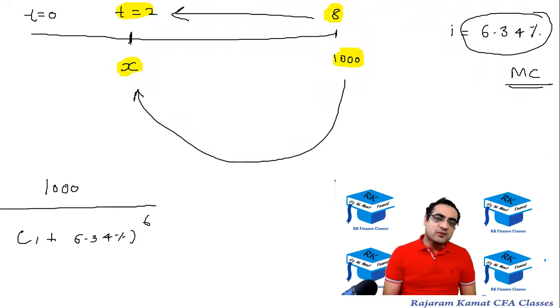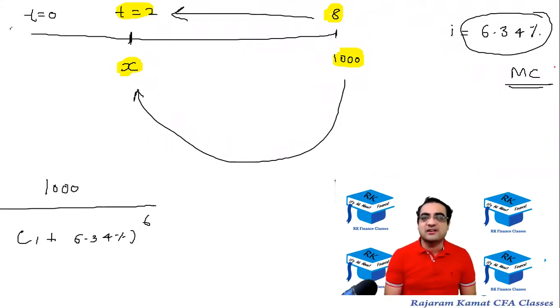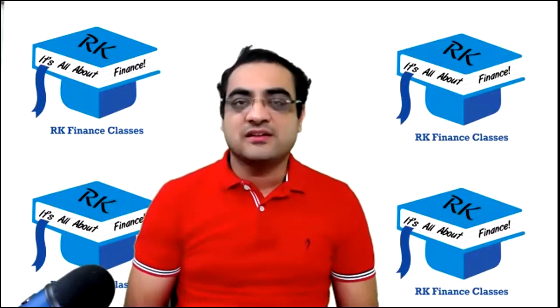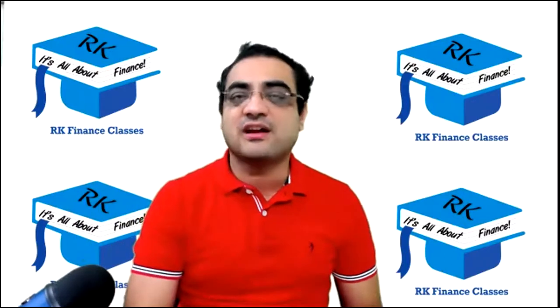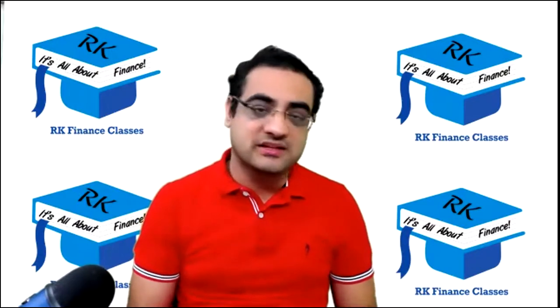But the story doesn't end here, because in this case the compounding is not annual, the compounding is monthly. We discussed in the last lecture that whenever the compounding is different from annual, we ask how many months are there in a year: Jan, Feb, March till December, so 12 months.